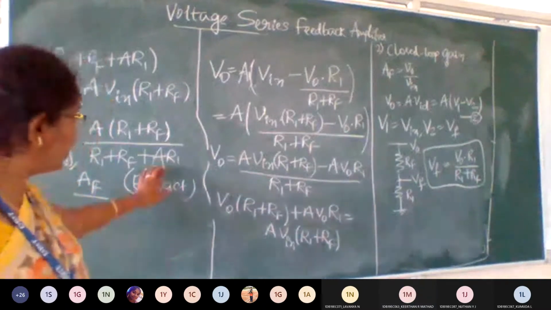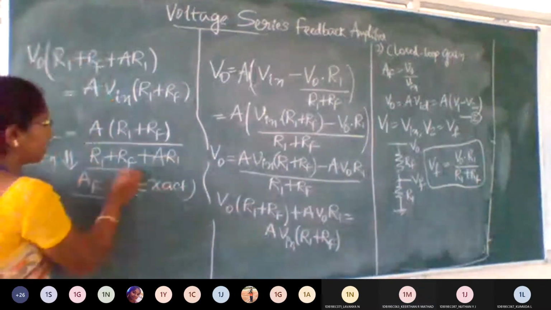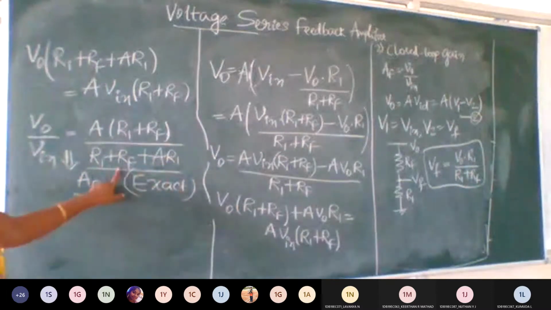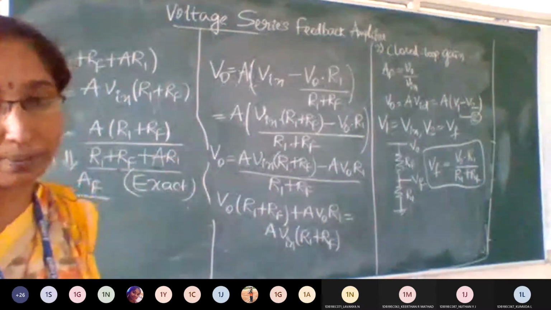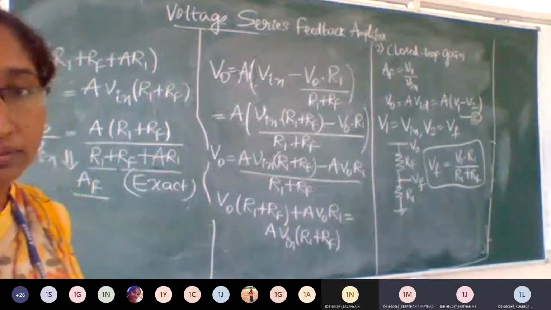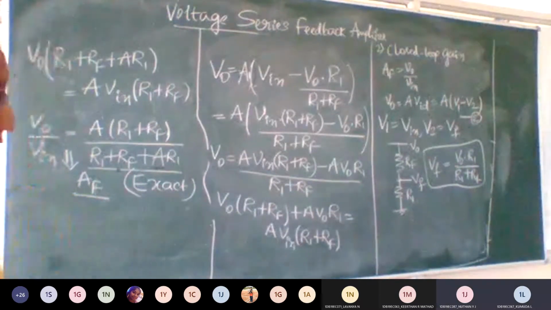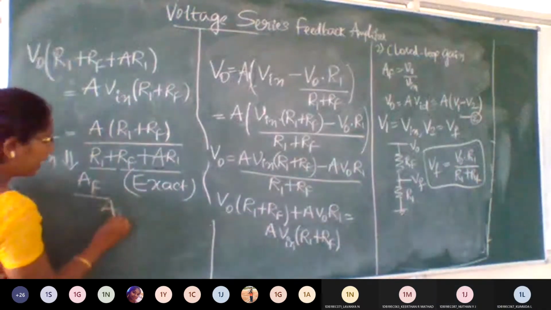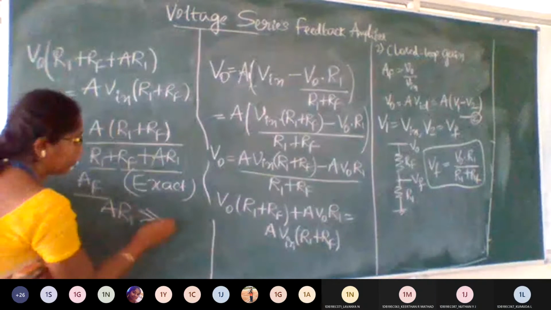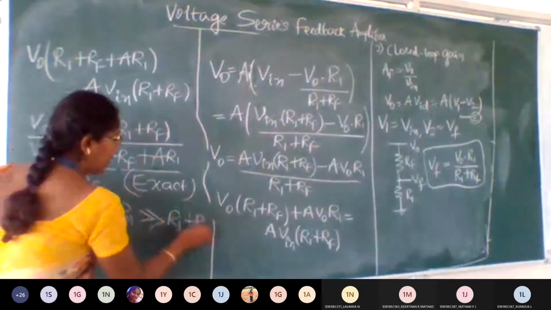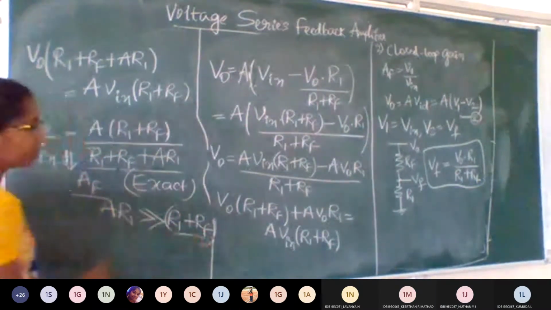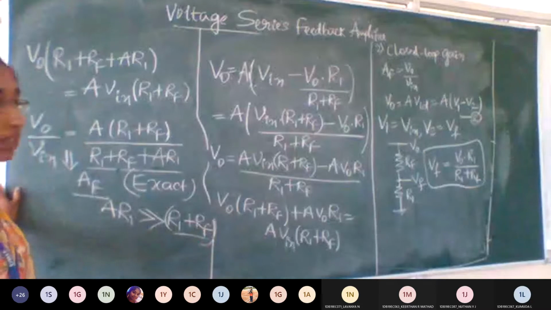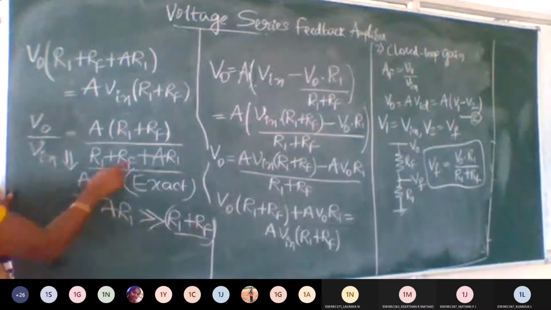So in this factor, which is higher, R1 plus RF or AR1? AR1 is higher, much greater than R1 plus RF. So R1 plus RF is very less, negligible. So in the denominator I'll discard this and retain only AR1.